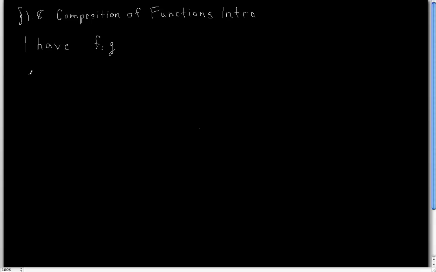But what do I want in this case? I want a new function h. And what do I want h to do? I want h to do whatever it is that g does. So I'm going to write do g. And then I want it to do whatever it is that f does. Do f.